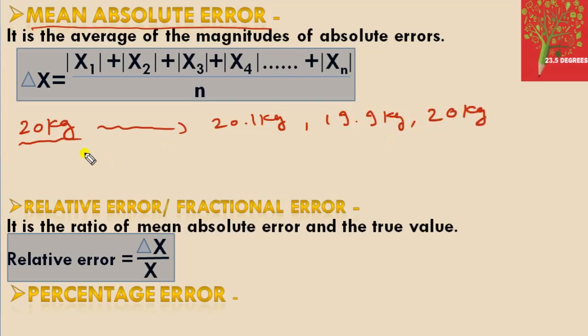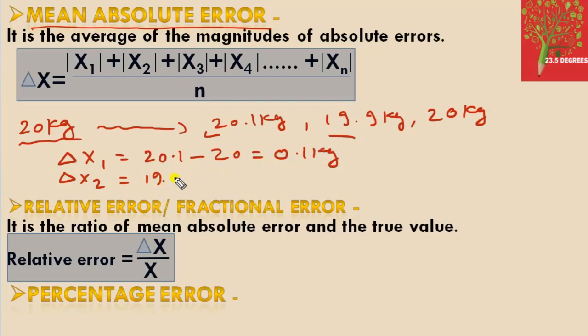Then my first absolute error would be delta x1, that is measured value minus true value: 20.1 minus 20, so 0.1 kilogram. My second absolute error would be 19.9 kilogram minus 20 kilogram, that is minus 0.1 kilogram. And my third absolute error would be delta x3 equal to measured value, 20 kilogram, minus true value, again 20 kilogram.